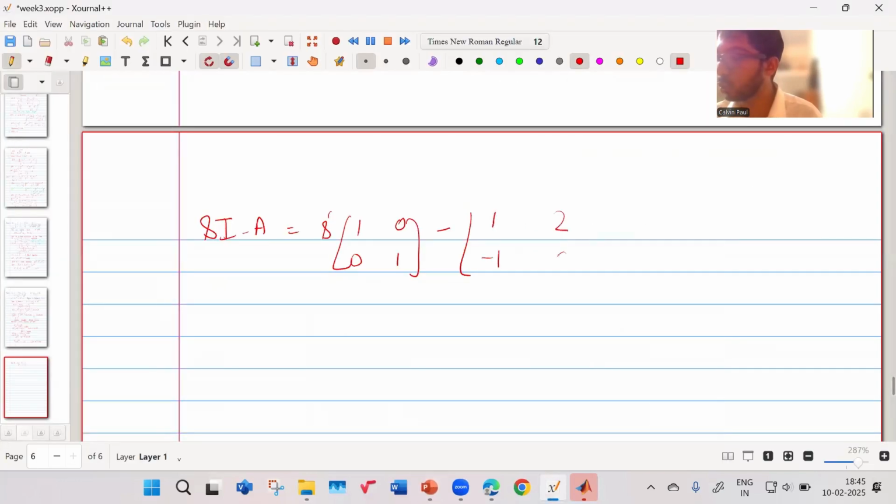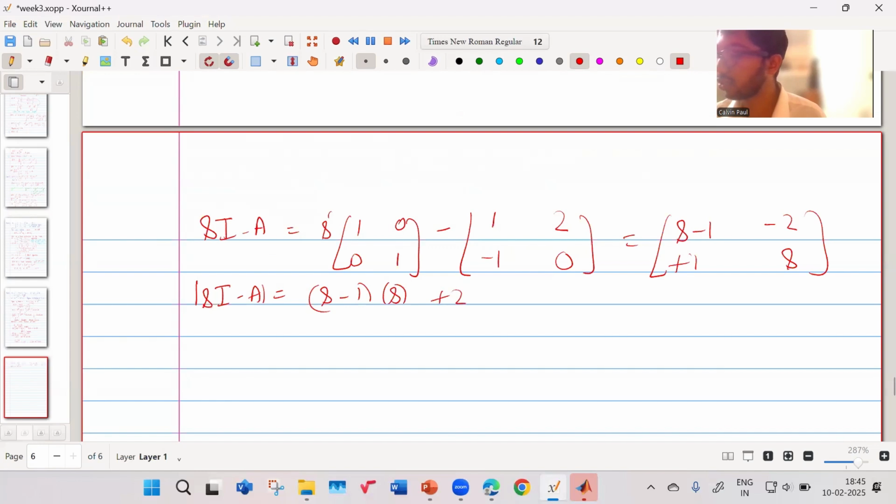So that is [s-1, 1; -2, s]. So this is sI minus A. What is the determinant of sI minus A? That is (s minus 1) into s plus 2, that is s square minus s plus 2.